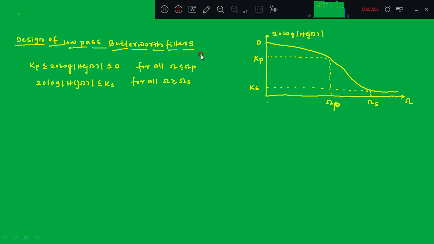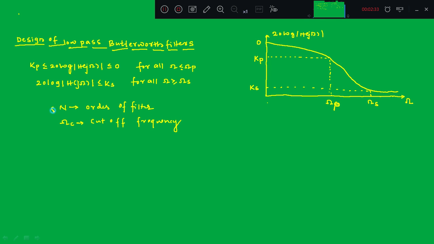So it is necessary to determine the order of the filter n as well as the cutoff frequency, right? First we should know what is the order of the filter. N is the order of the filter, and also we should calculate the cutoff frequency, omega c.